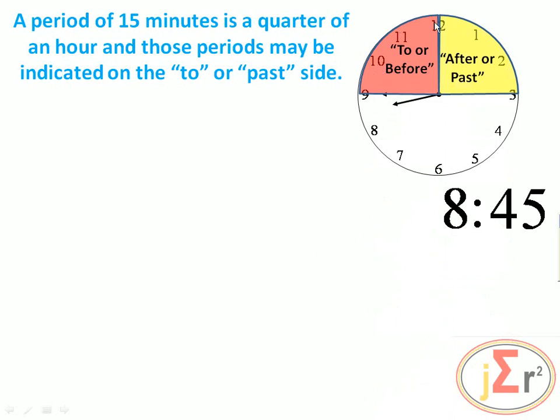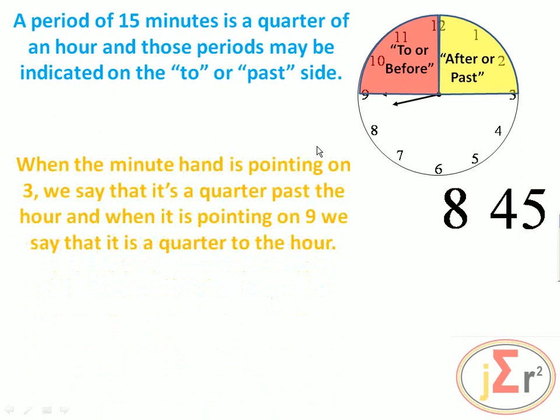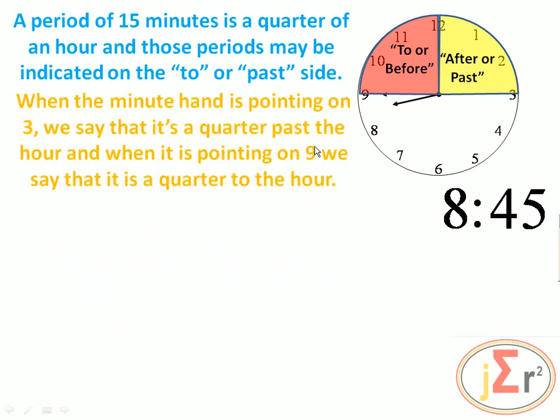So we have 15 minutes on either side. So if we have the minute hand pointing here, then the time will be a quarter to the hour. And if we have it pointing here, it is a quarter after or quarter past.